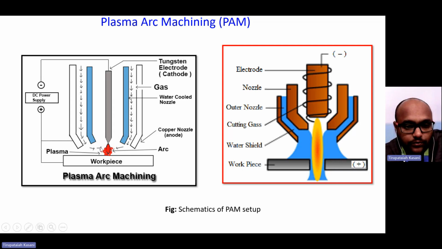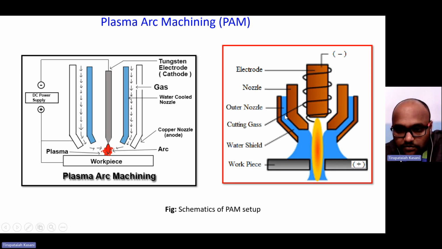The gas will come like this and go like this. See here, the blue color, the water will be used to take out the machined or melted molten metal. This is the flow of the water. After melting, generally plasma arc machining is used for cutting, that is removing the material. Plasma arc cutting is a very common equipment in the central workshops of most educational institutes.